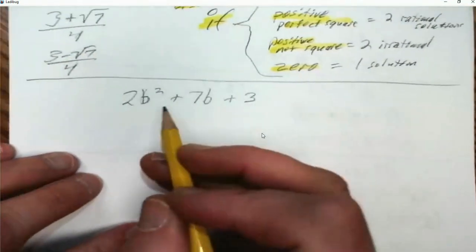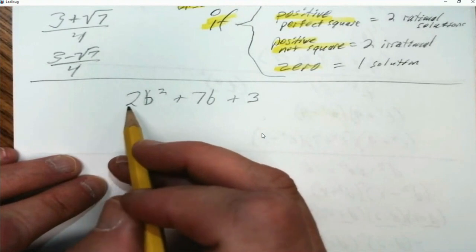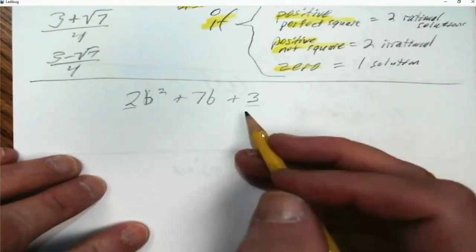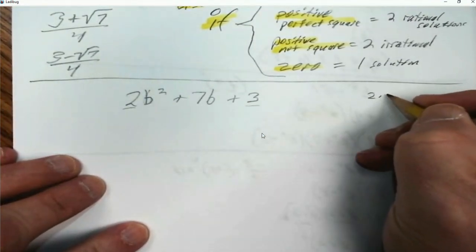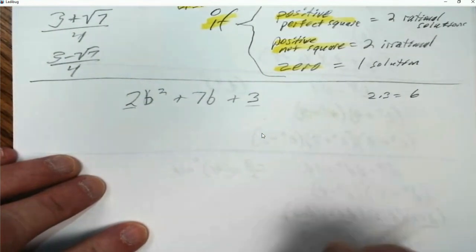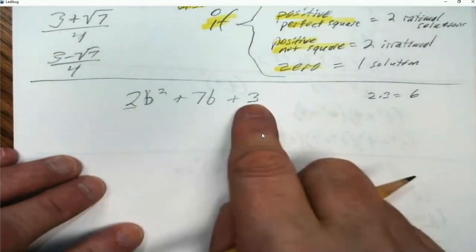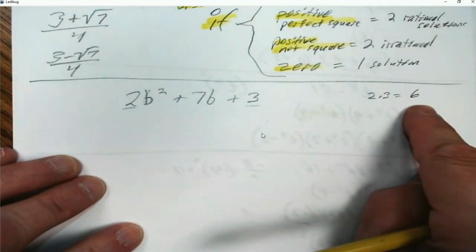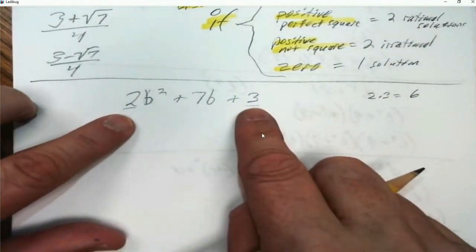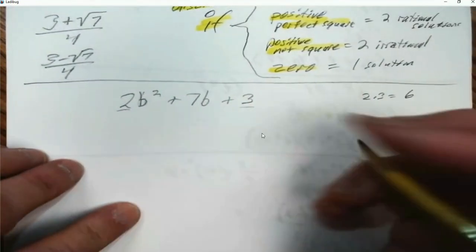So we look at first the coefficient of the first term and the last term and multiply those together. 2 times 3 equals 6. So we need the factors of 6 that would add up to 7.